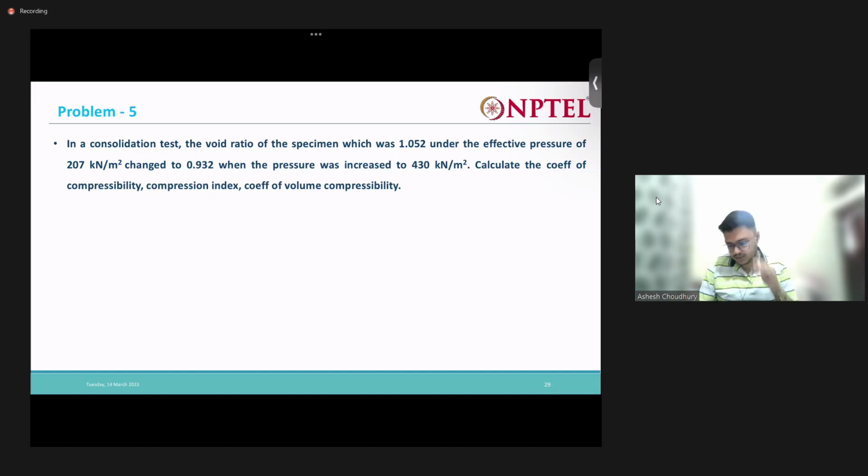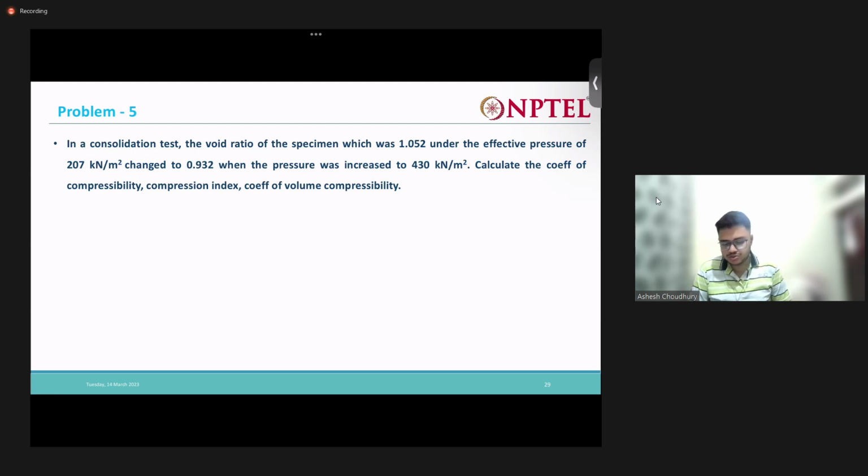Yeah, so now let us come to the fifth problem. In a consolidation test, the void ratio of the specimen was 1.052 under the effective pressure of 207 kilonewton per meter square.